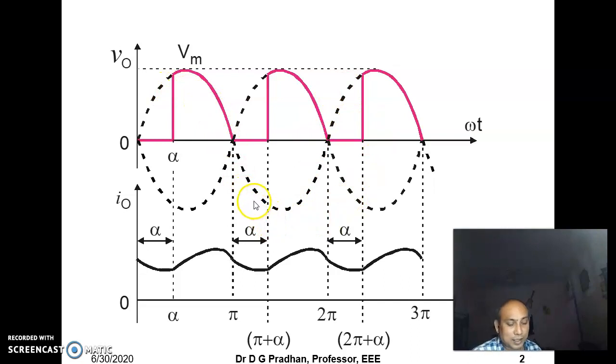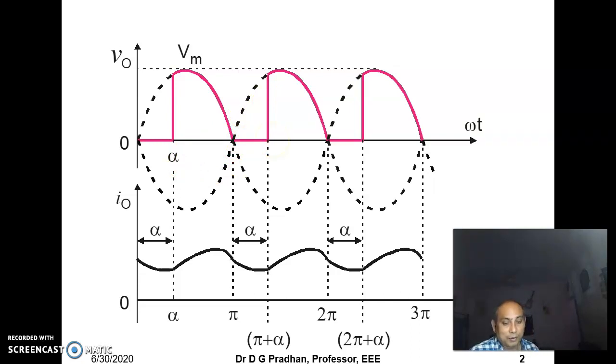In a particular cycle of the source voltage, the thyristor T1 receives the gate pulse from alpha to pi, and the thyristor T2 will receive the gate pulse from pi plus alpha to 2 pi.